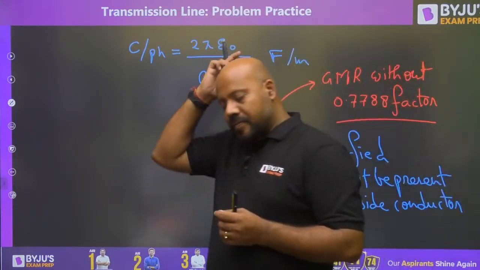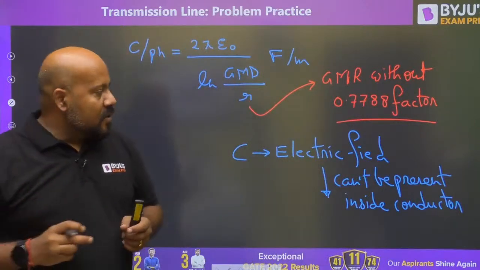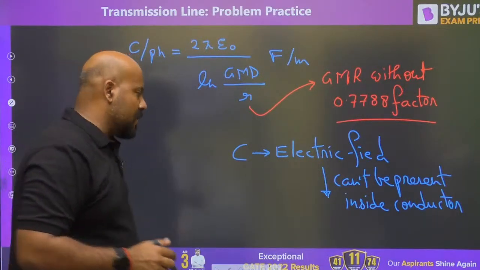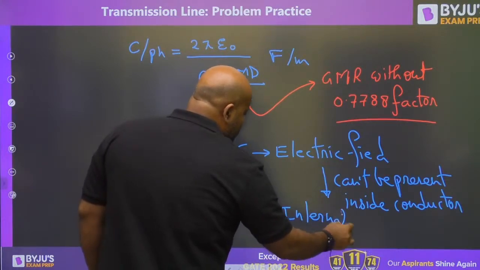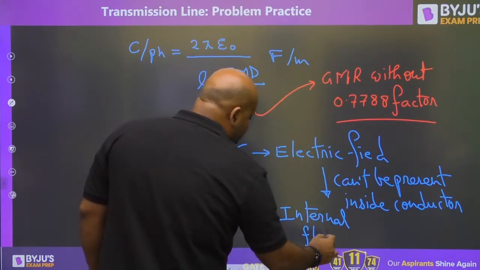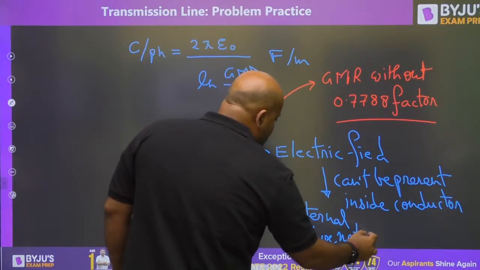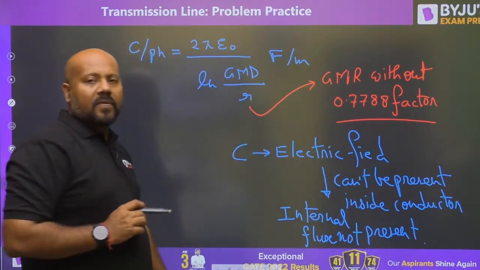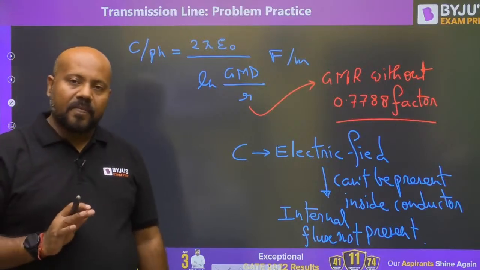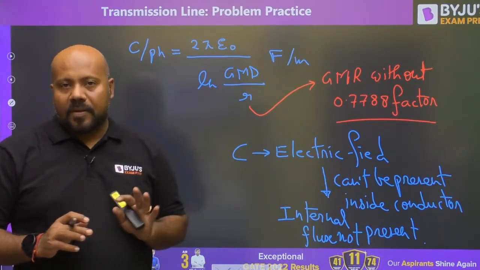Are you getting that? So because internal flux is not present, that is why we are not using this factor 0.7788 when dealing with the capacitance calculation. Simply we are writing it as R.